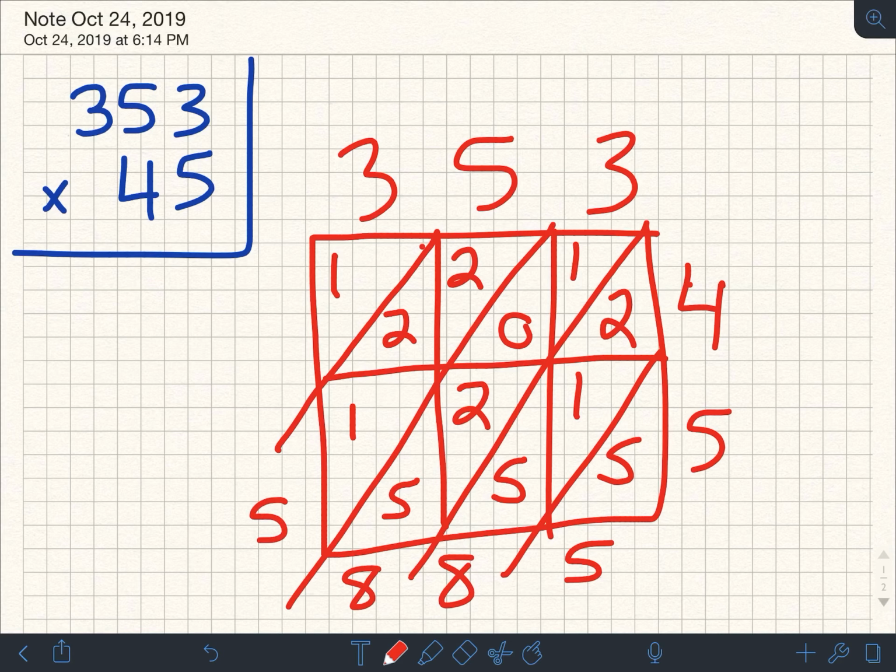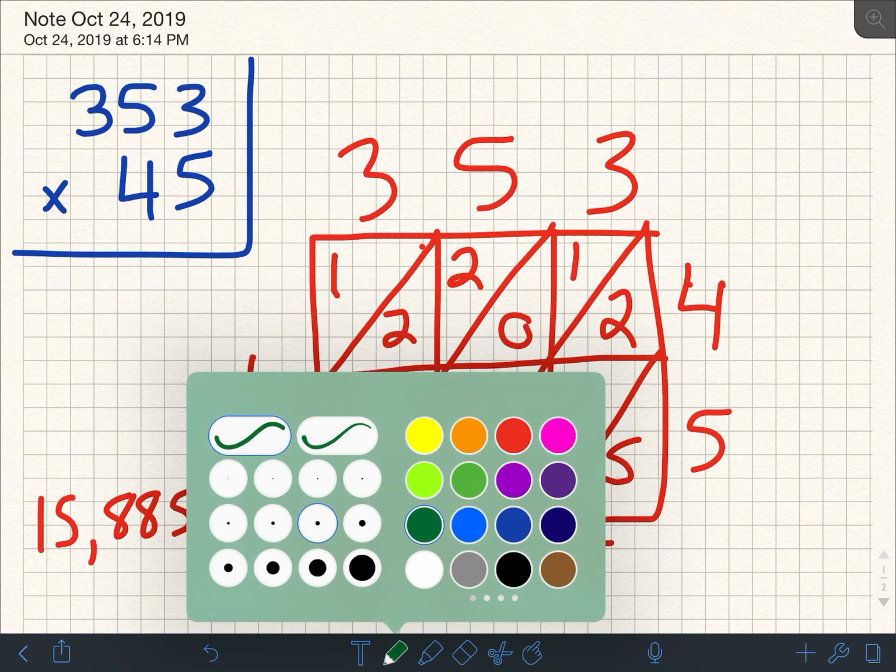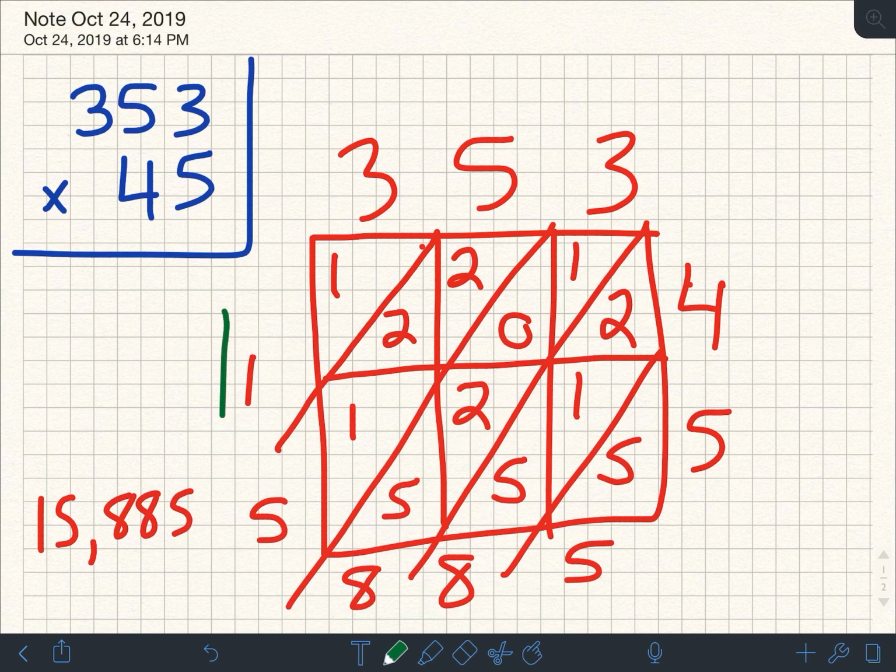And then the 1 by itself is right there. So our answer to this problem is 15,885. And that is lattice multiplication.